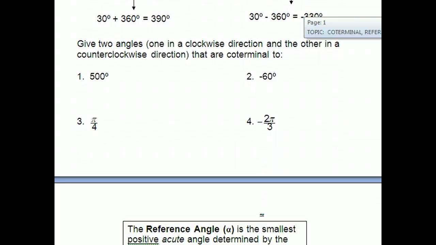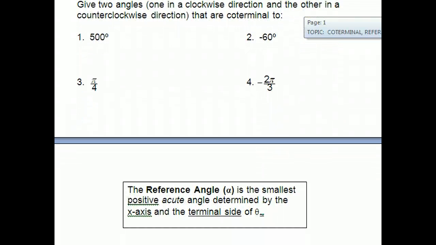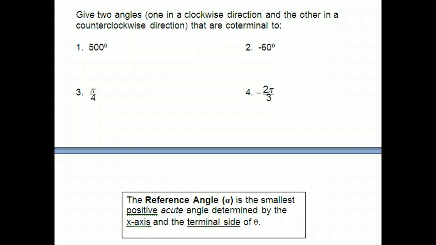So let's try a couple here. There, I got the rules down there for us. Okay, so let's go ahead and find two coterminal angles to 500. So let's just draw out 500 here. Okay, so this is going to be 360. That's going to take me to another 90 on that is going to give me 450, and 500 is going to be in here someplace.